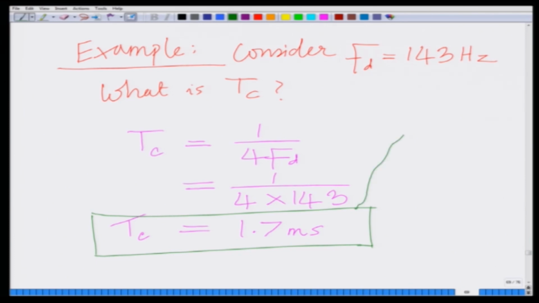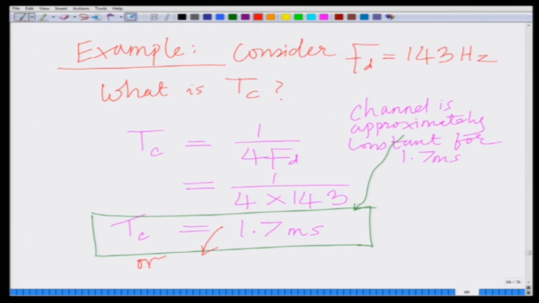So, the way to interpret this is the channel is approximately constant for 1.7 milliseconds, or the channel is changing after 1.7 milliseconds.